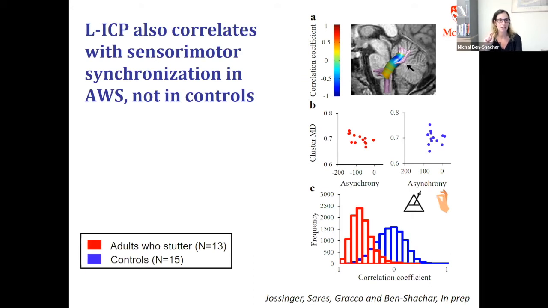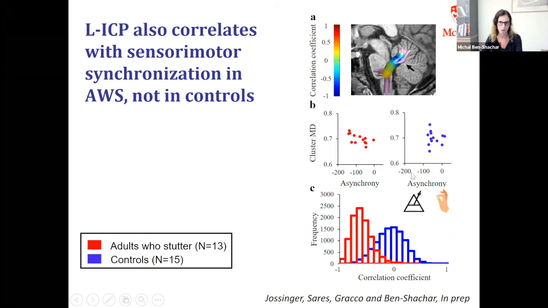Individuals are basically listening to a metronome beat, and they have to synchronize their tapping to the auditory beat of the metronome. And if all of us would have done such a task, we were all going to tap before the beat of the metronome. And as you can see, if you measure it, asynchrony is always negative. So all of us would tap before the beat of the metronome, or nearly all of us.